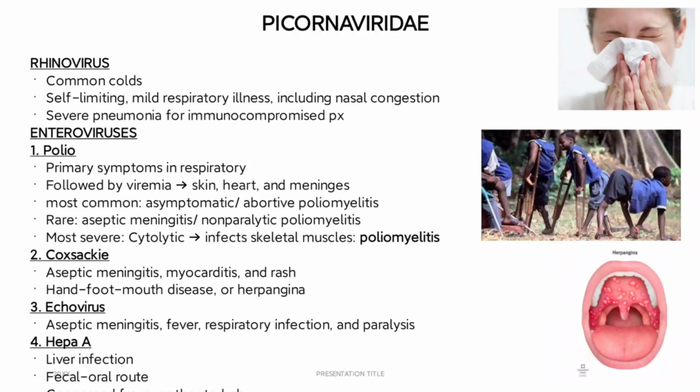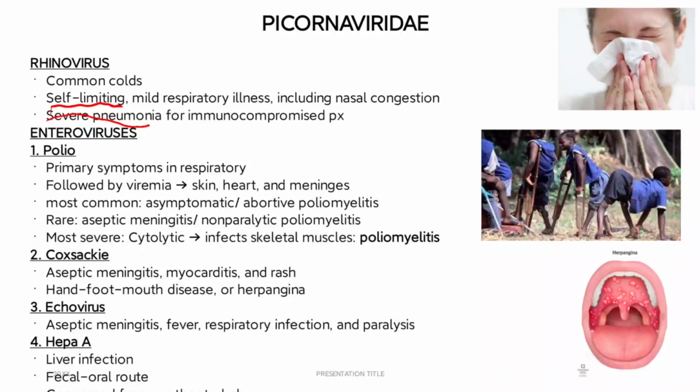So, ang common colds can be life-threatening for immunocompromised patients because it would cause severe pneumonia. Pero kung healthy ka, self-limiting lang. So, basically, madaling gumaling, or madaling mawala. So, rhinovirus yun.